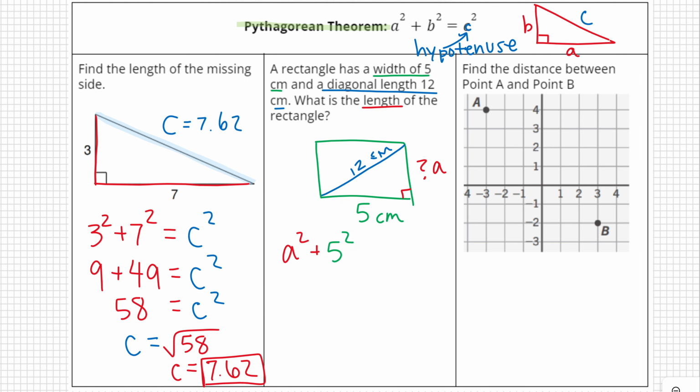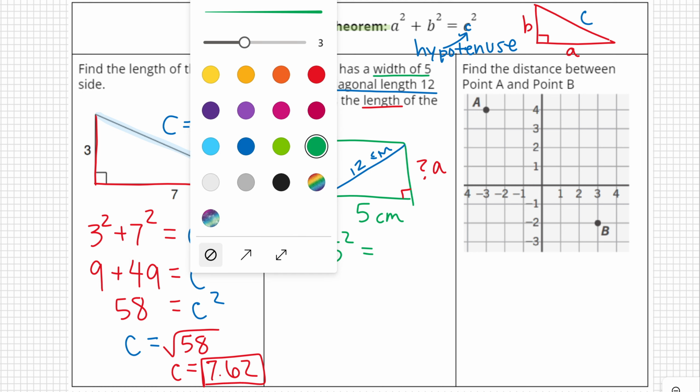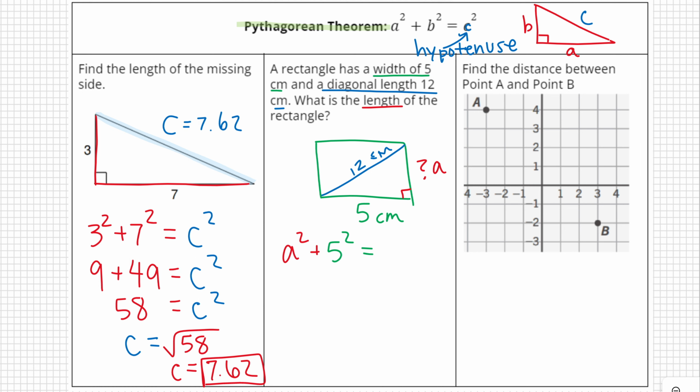And the hypotenuse is 12, so it's equal to 12 squared. A squared plus 5 squared is 5 times 5, so that's going to be 25, equals 12 squared is 12 times 12, which is 144.